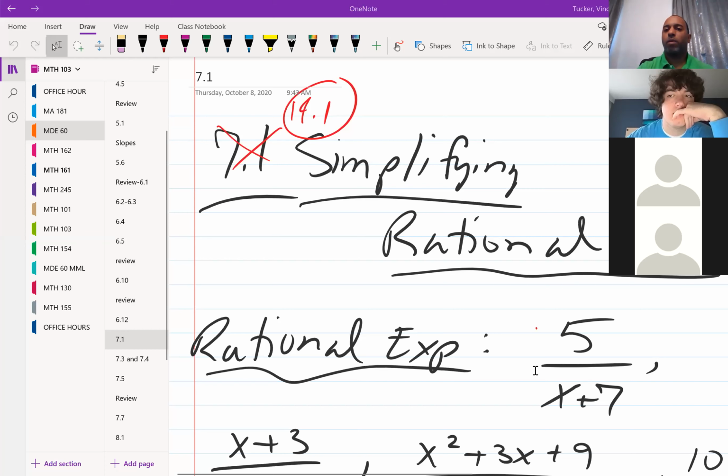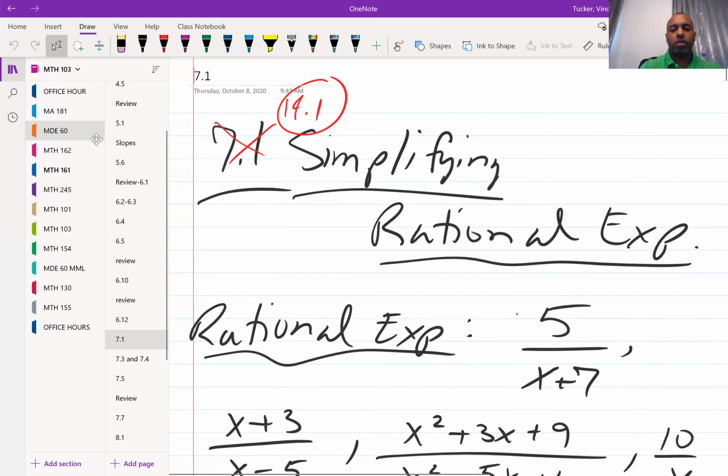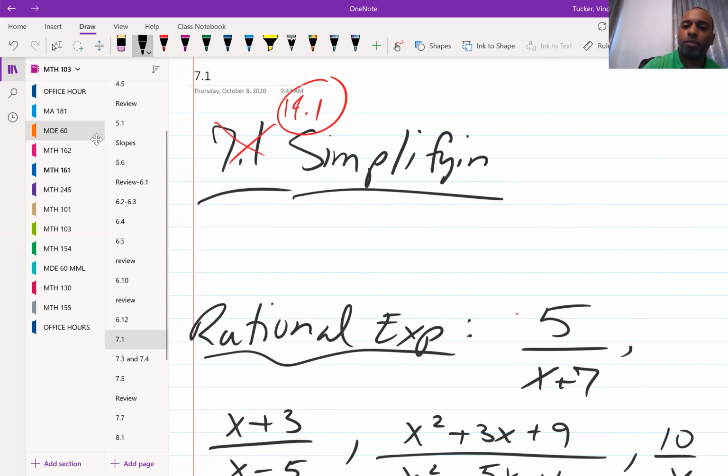All right, so let me write this a little better. We're looking at 14.1 today, simplifying rational expressions.